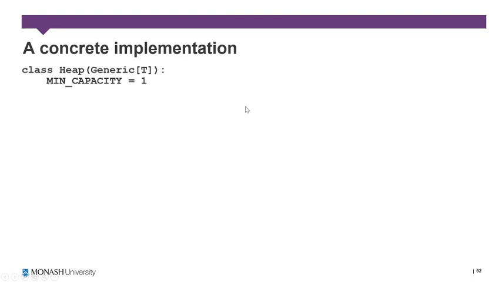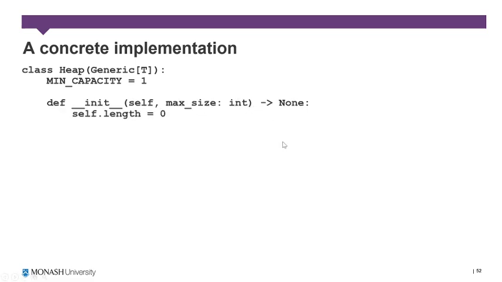Okay, so let's look at a concrete implementation of the heap itself. This is going to be pretty similar to our list ADT. The idea is now we're going to use an array to represent the heap. So we're going to have a minimum capacity like we did with the list ADT, and then we're going to pass it the maximum size.